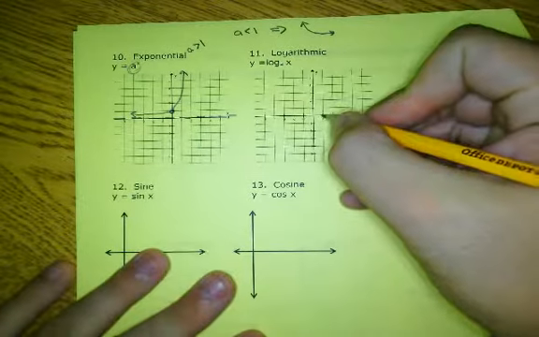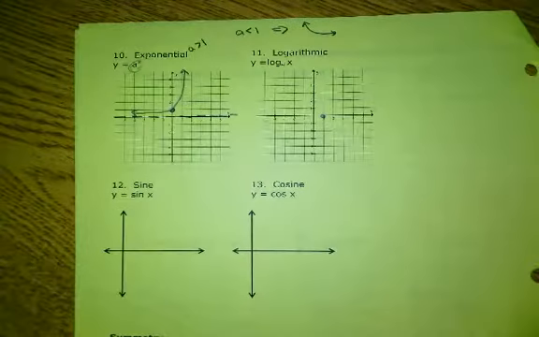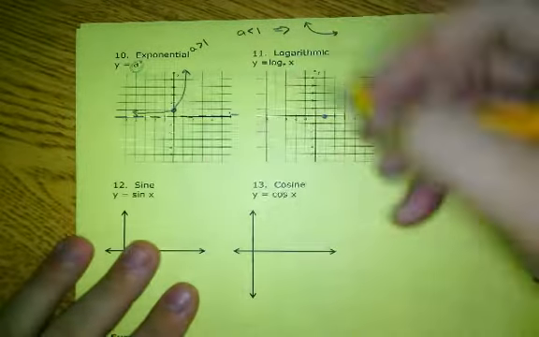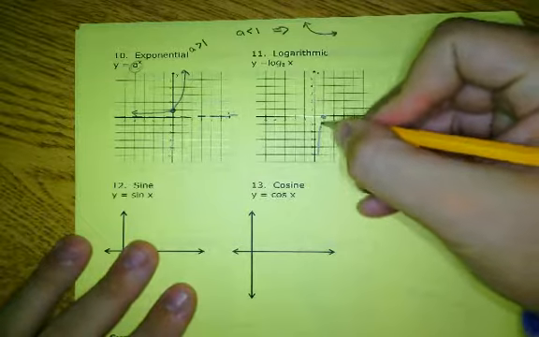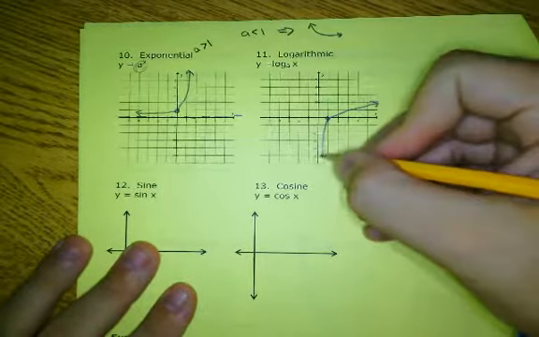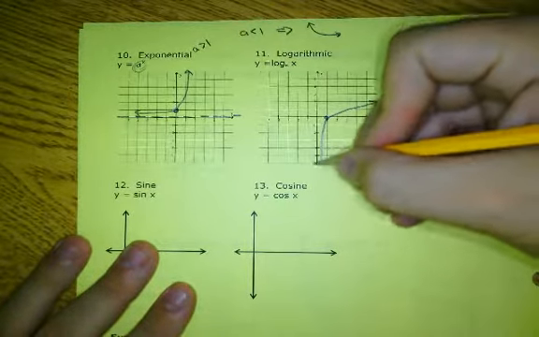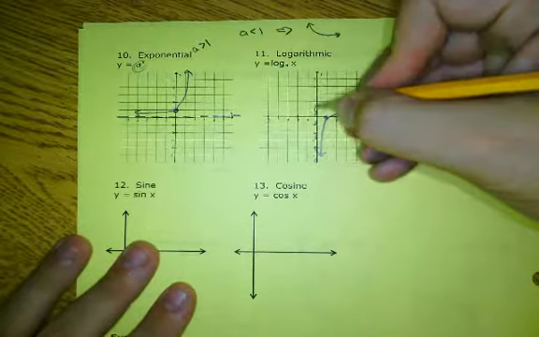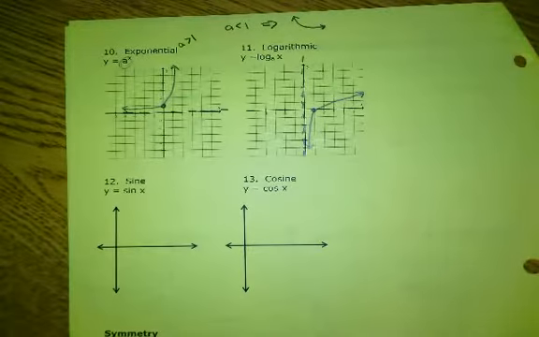So you're going to get this, because no matter what, log base anything of 1 is always 0. So it's just the inverse of this, so it's going to look like this. Again, just some a value. And this one is going to have a vertical asymptote. I don't want to get too much into logs, because there'll be another day for that fun.